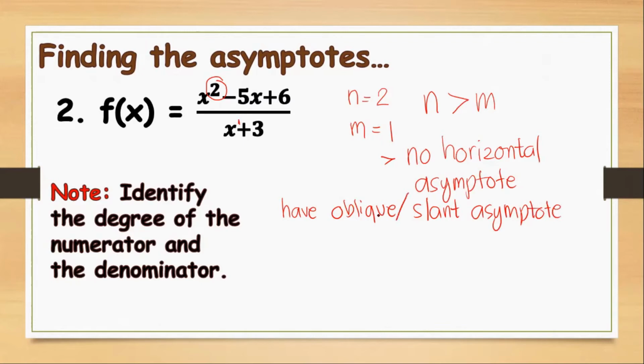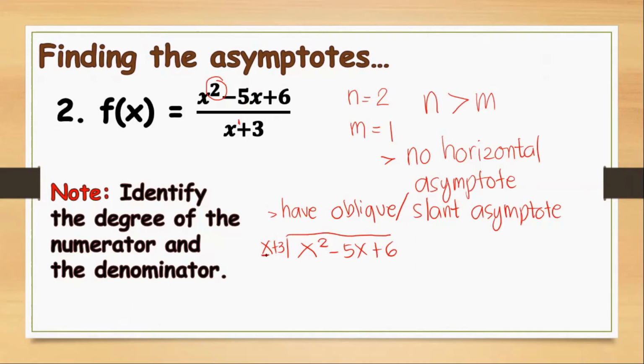Okay, so how do we find the slant asymptote? We have to divide the rational expression. So let's try to divide x squared minus 5x plus 6 by x plus 3.